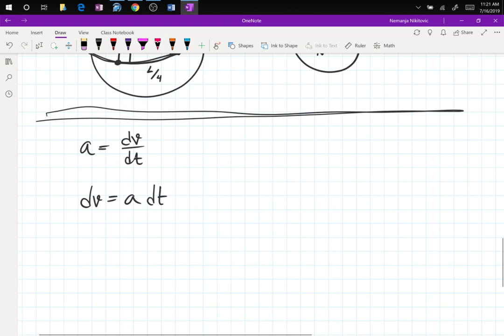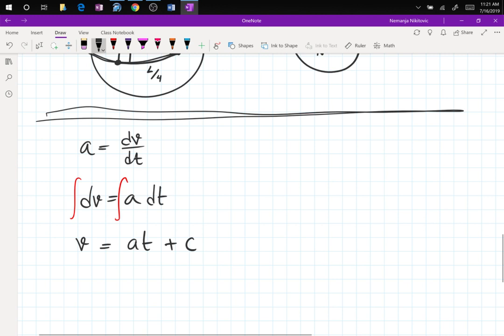So a dt, and when you integrate both sides, this is called a separable differential equation. A is just a number, an acceleration of 7 meters per second squared. When you integrate this, you get that the velocity is equal to at plus some constant c.